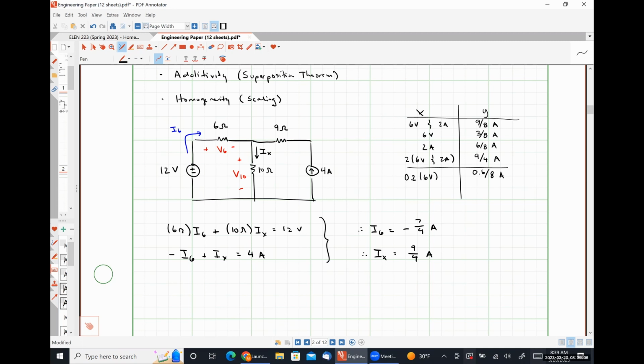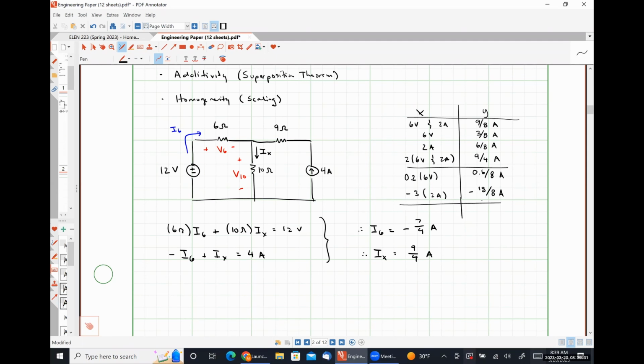What do you want to scale the current by? -3. All right. So that means that we should have -3 times 6/8. So that is -18 over 8.